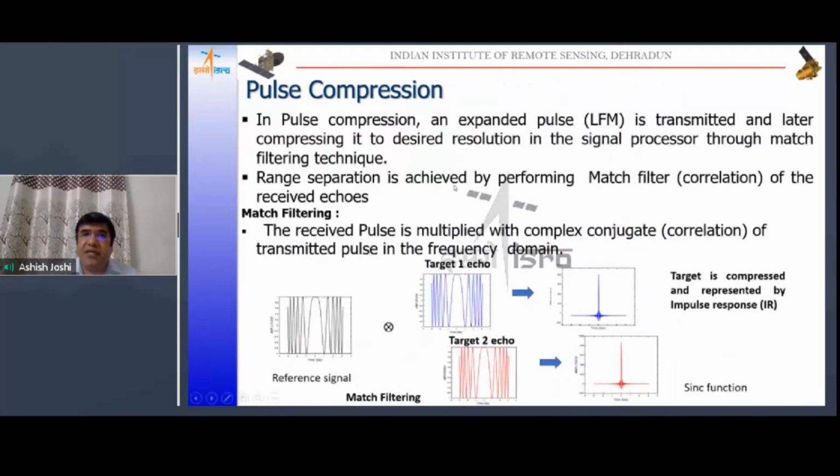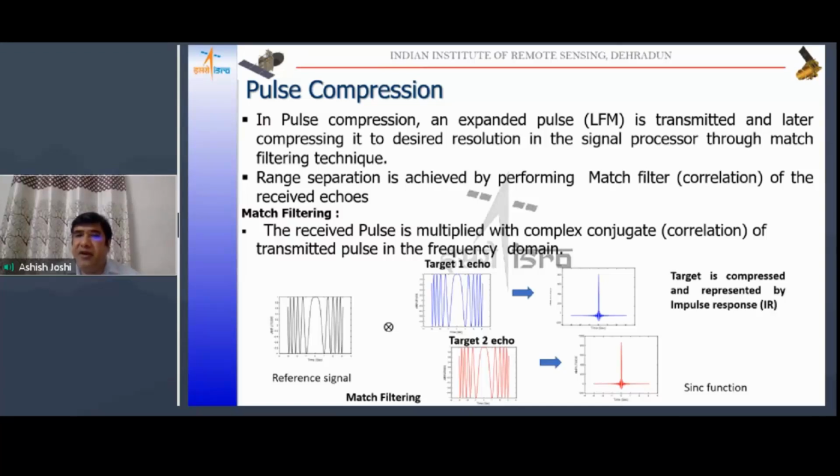So what is pulse compression? In pulse compression, an expanded pulse, which is the LFM, is transmitted and later compressed to the desired resolution in the signal processor through the matched filtering technique. In SAR data processing, we first create an LFM with varying frequency.